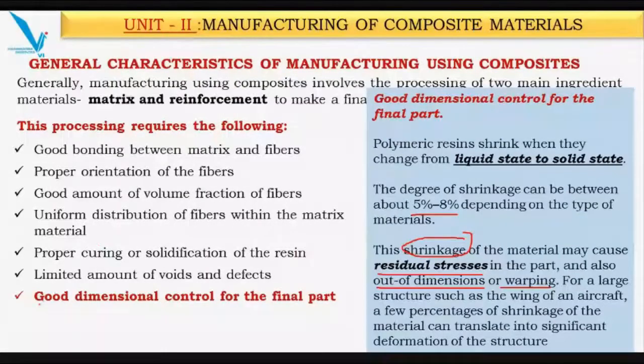Good dimensional control of the final part should be ensured during the manufacturing processes. Irrespective of which manufacturing technique you use, all these things must be taken care of to get good quality products. So this is the background before we start discussing any particular manufacturing process.